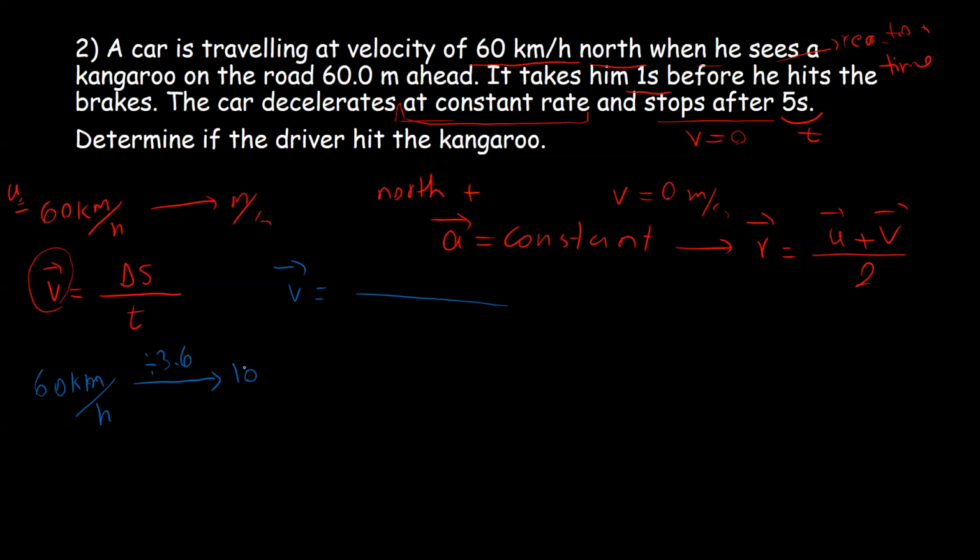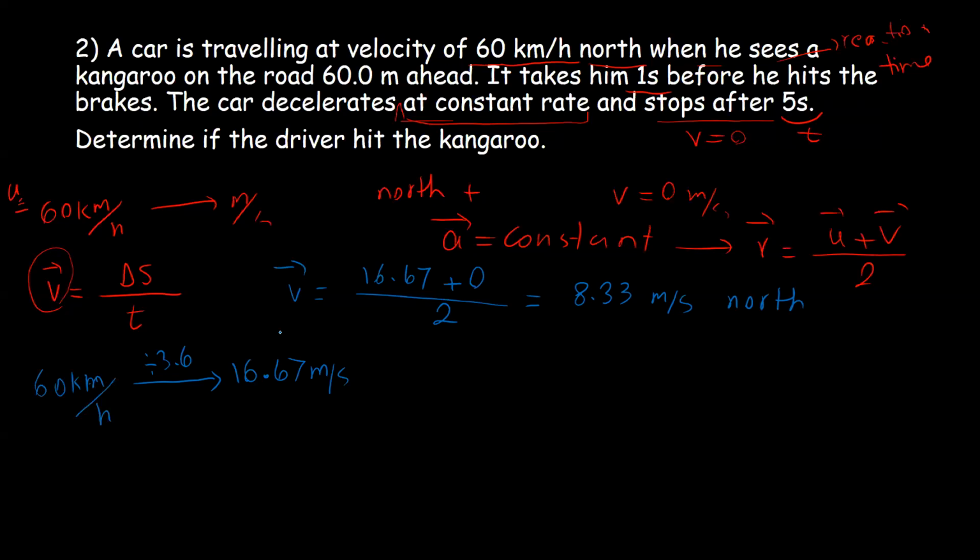That is equal to 16.67 meters per second. My initial velocity is 16.67, my final is 0, and I divide by 2. As a result, my average velocity is 8.33 meters per second, in the same direction, north.